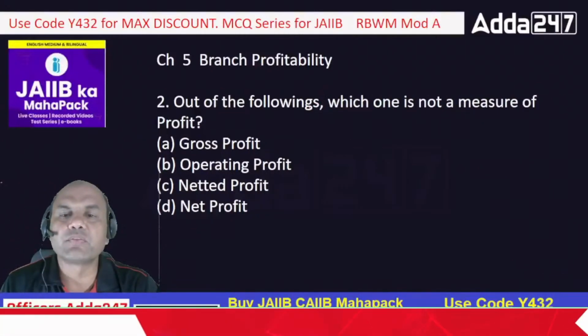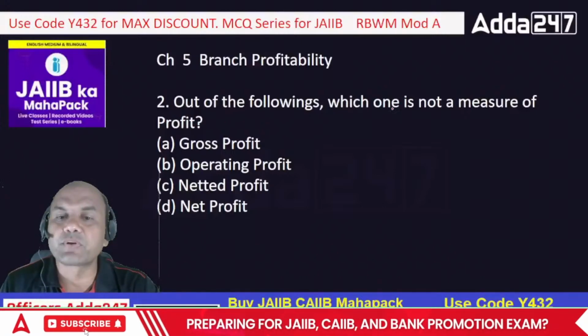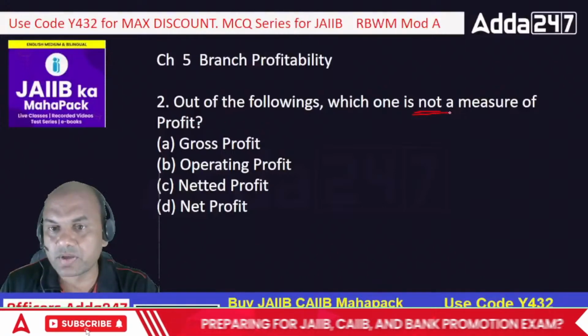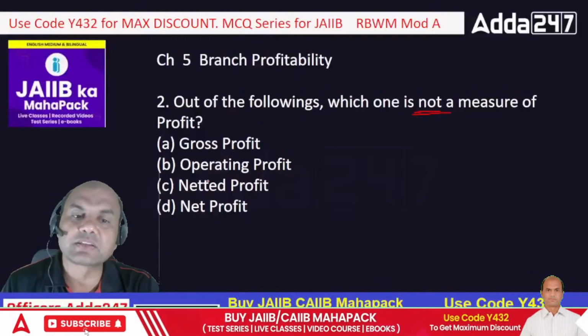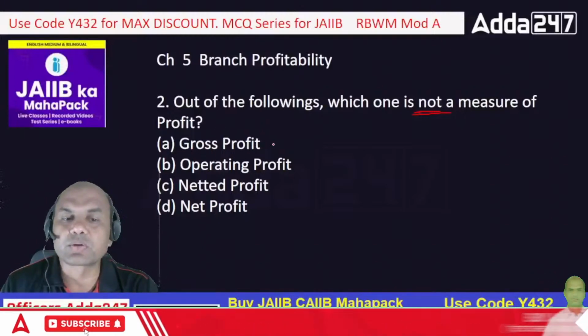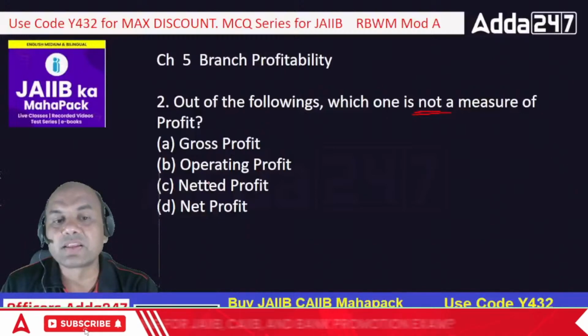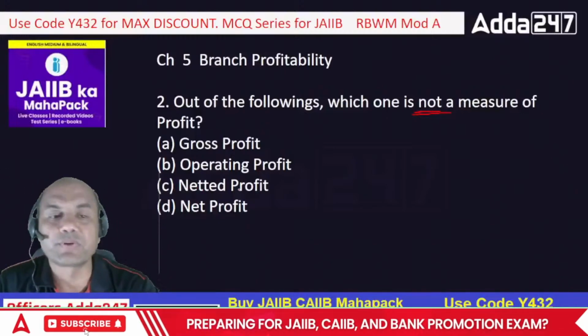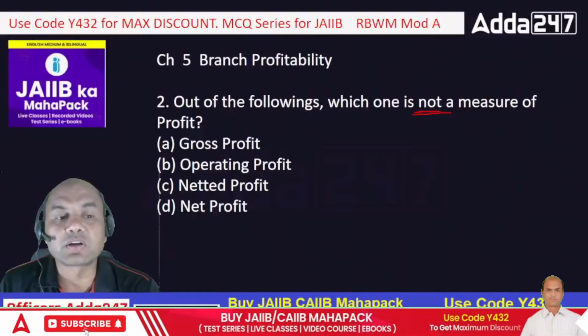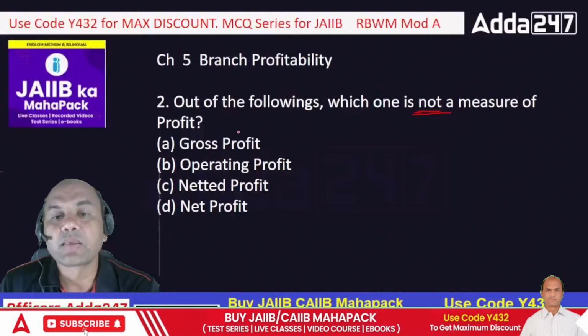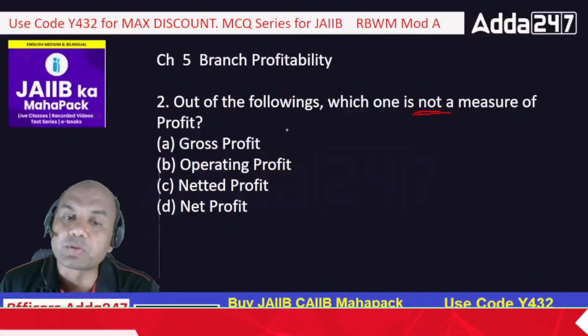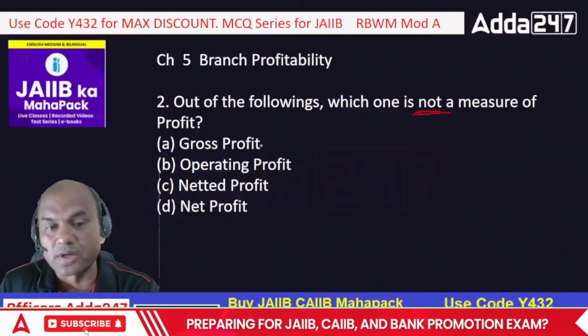Out of the following, which one is not a measure of profit? Here we want not. Profit is not measured in this. Which one? Gross profit, operating profit, netted profit, and net profit. Gross profit, we have GP ratio also, right?